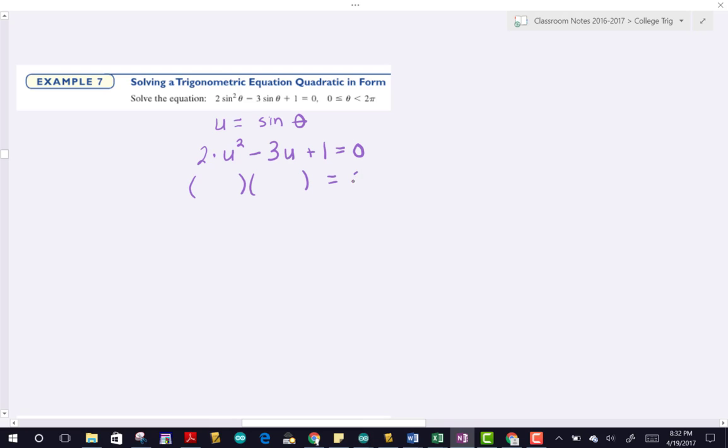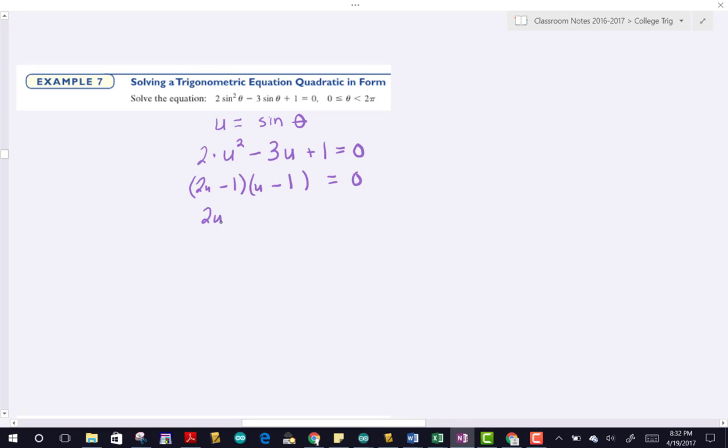I am going to hope that this factors. Let's see, 2u and u. I need a minus 1 and a minus 1, I think, so that'll give me minus 1 and minus 2. Yep, that works.